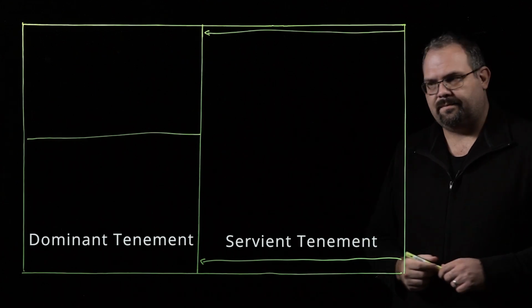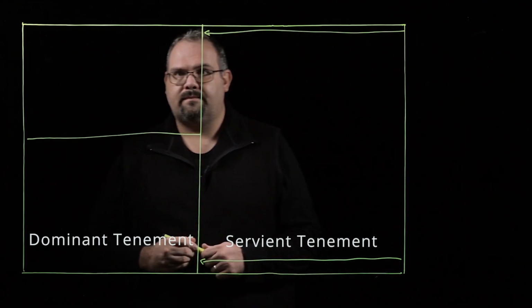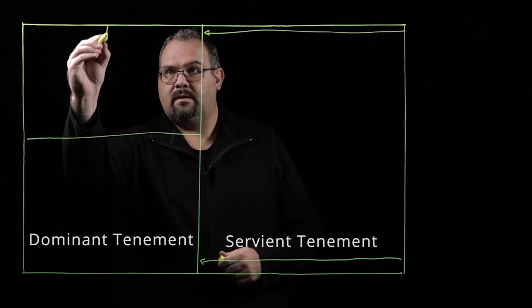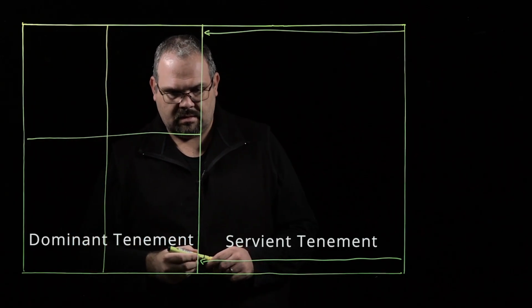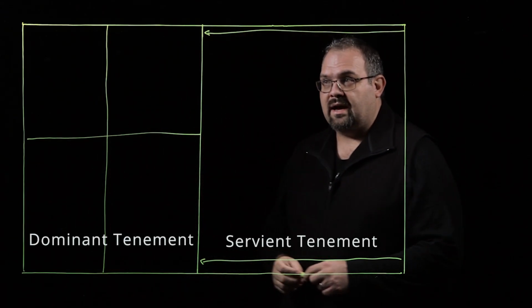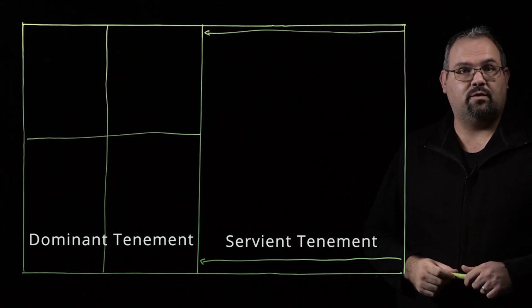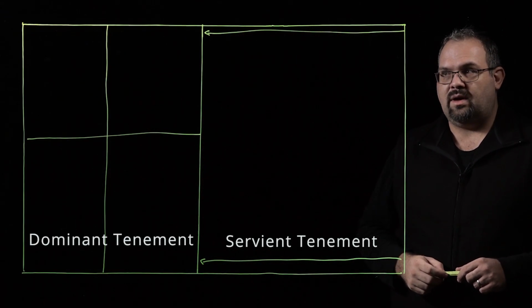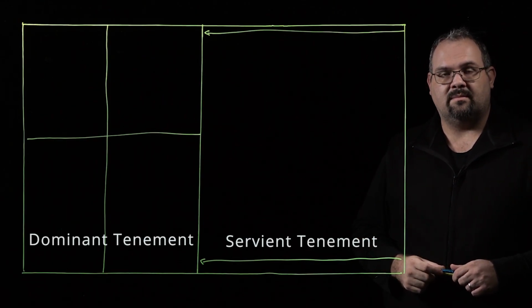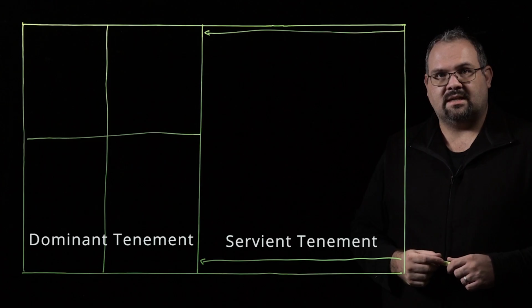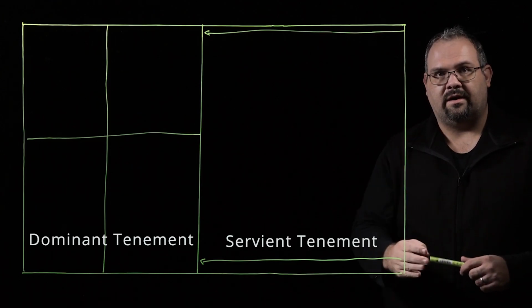Consider this example. Now we have the dominant tenement divided into 4 pieces. However, the farthest subdivisions of the dominant tenement will not have access to the road running over here.